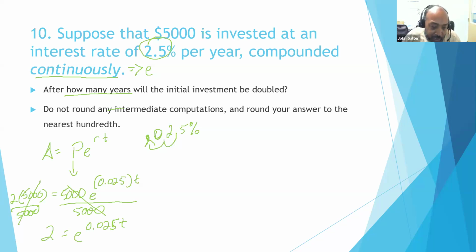Next, I need to get rid of the E, so I'm going to take the ln of both sides. On the left, I end up with ln of 2. On the right, ln and E cancel out, leaving me with 0.025 T. Last step to get T by itself, I'm going to divide both sides by 0.025.